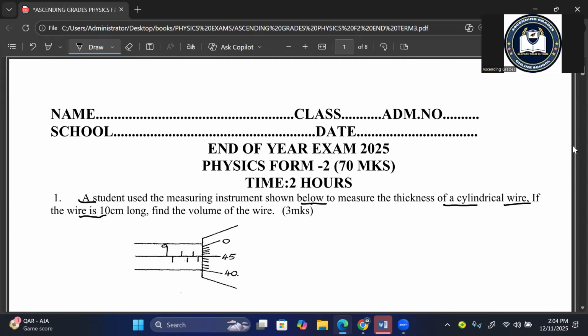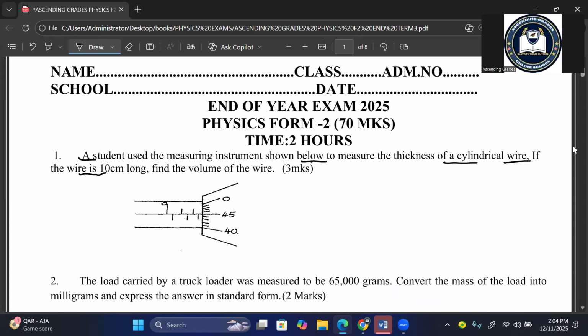So the first thing, you are supposed to get the diameter or the thickness of the wire. So what will be the thickness or diameter of the wire?